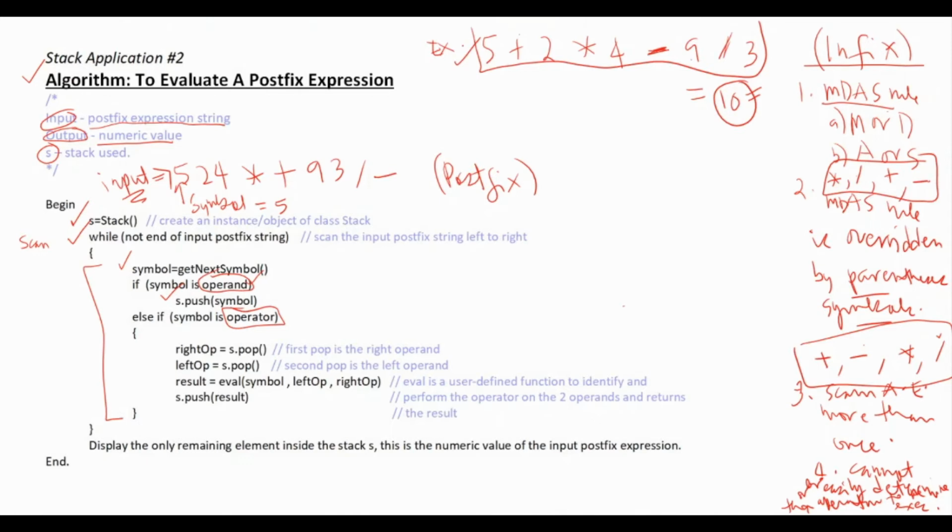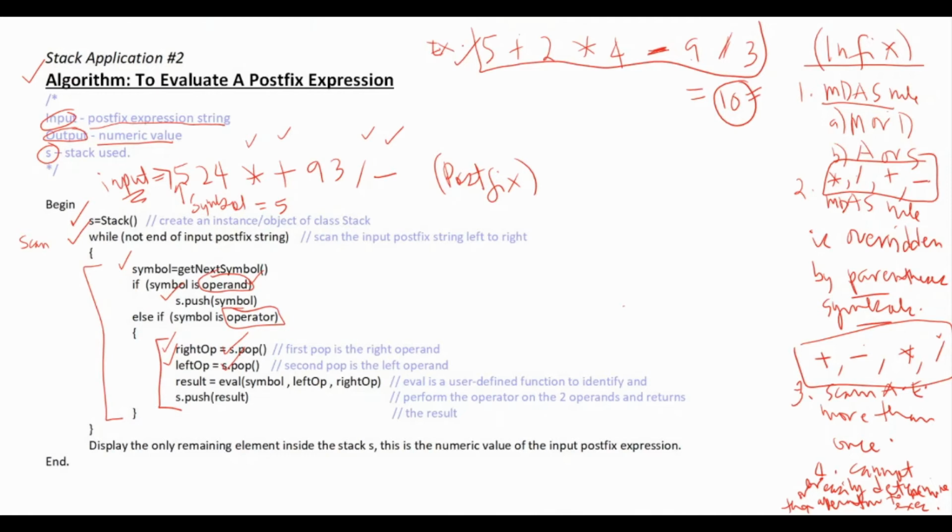And if the symbol is an operator like multiplication, addition, division, and subtraction, it goes to this block of code. It performs the else block, in which we pop the top element of the stack and we assign it as the right operand, and we pop again the second time from the stack and we assign that value we pop from the stack as the left operand. So we pop two elements from the stack.